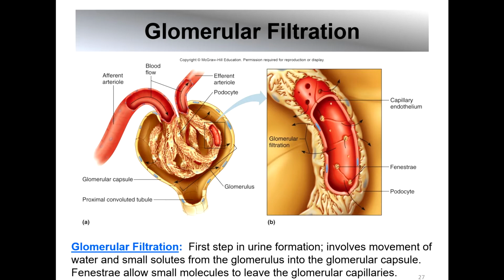If you have a blockage down the tubule, or a kidney stone, for instance, we'll talk about those a little later, that's going to block the flow of urine from the PCT through the loop of Henle, through the DCT, through the collecting duct, into the minor calyx, major calyx, etc. So all that fluid is going to back up, and that filtrate backs up into the capsular space.